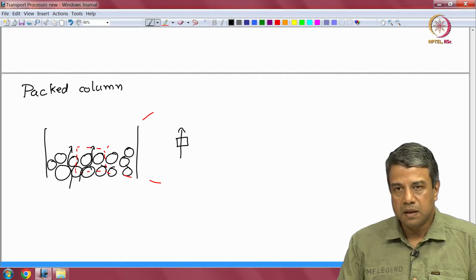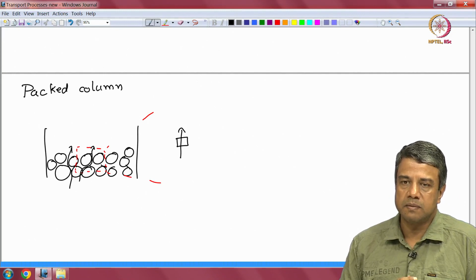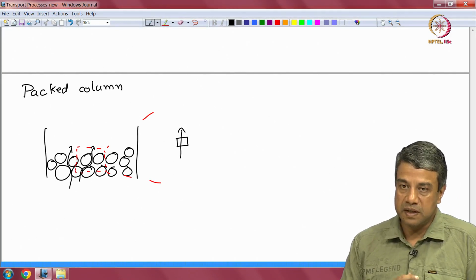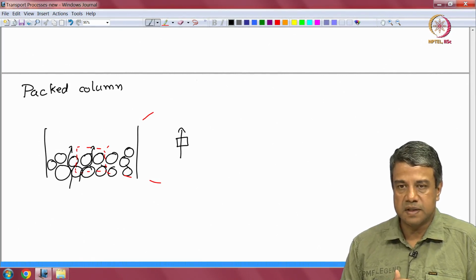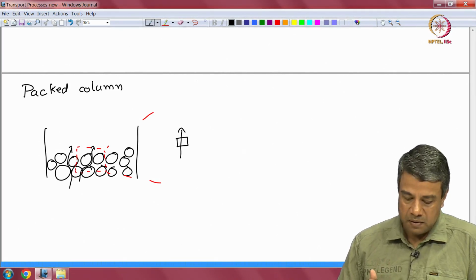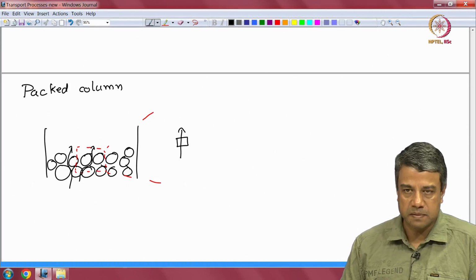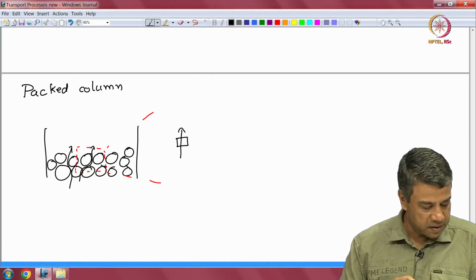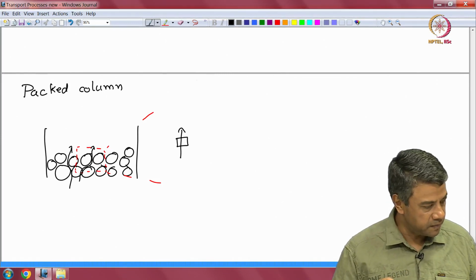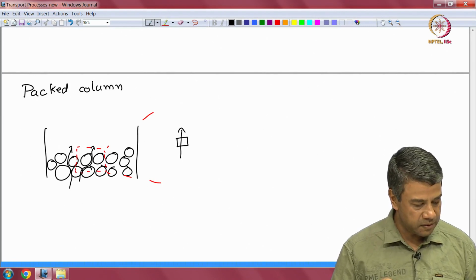Okay. In general, if you have large columns, it is not feasible to describe the flow around each of those particles. So, you would like an average description where you divide the velocity into a mean value, which is averaged over a sufficiently large number of particles that you can use a continuum description, plus a fluctuation as the fluid traverses tortuous trajectories between the particles.